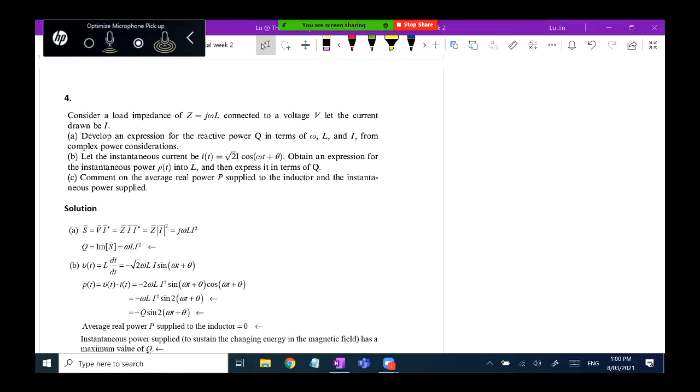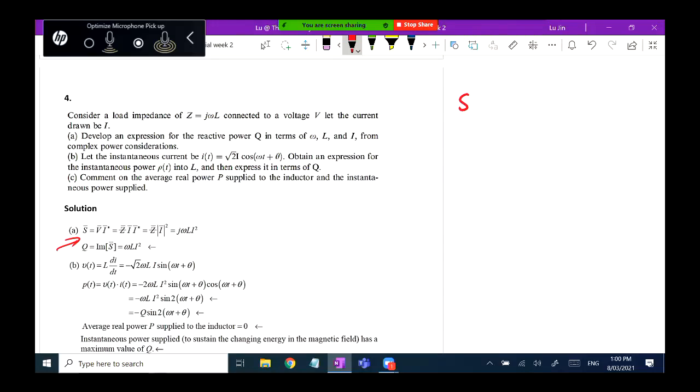So regarding complex power, mathematically, we are using S to denote it, but we should understand this complex power is a vector. If you can see the solution of question number 4, you can see we are using a horizontal bar above the S to denote this vector.